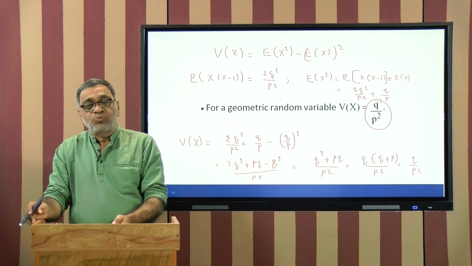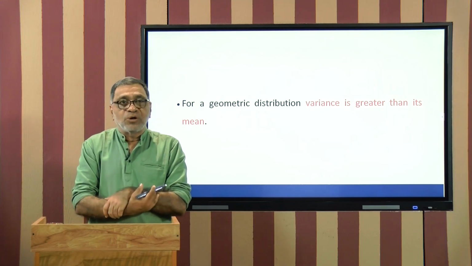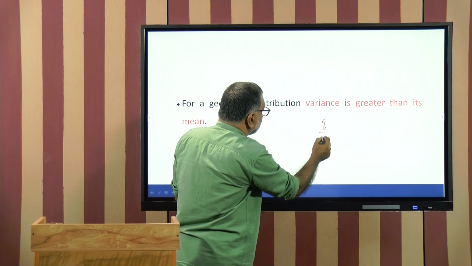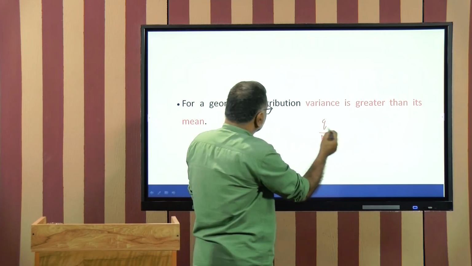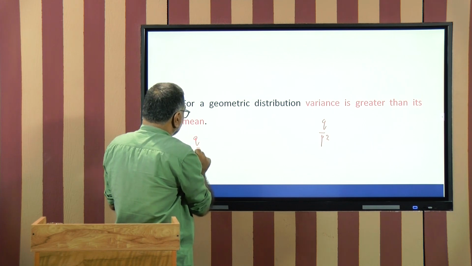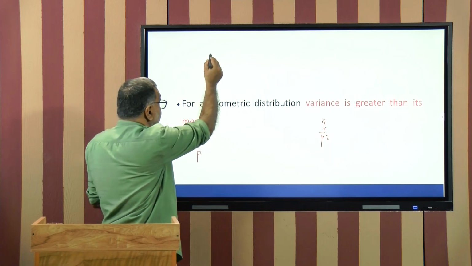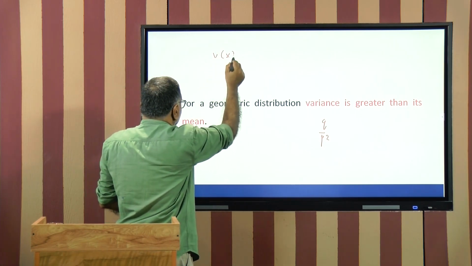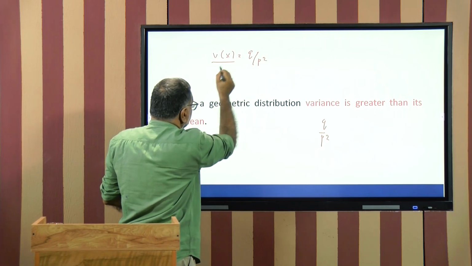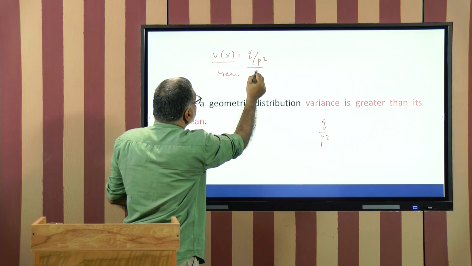So, from this, what is the conclusion? The conclusion is, for a geometric distribution, the variance is q divided by p squared and the mean is q divided by p.